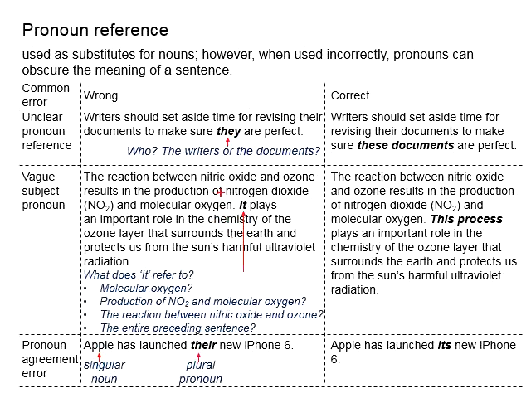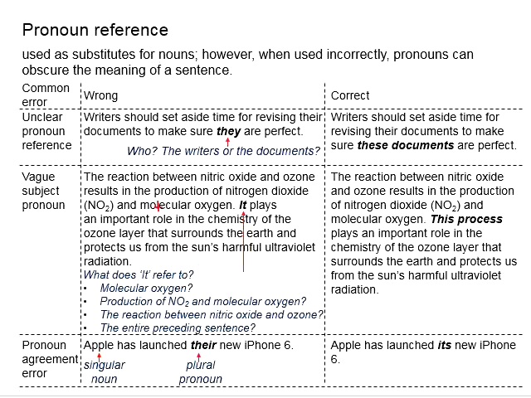Now there is an "it" here which is not clear, which leads to the reader guessing. By looking at the subjects that appear within the sentence, you will be guessing what this "it" actually means. Does it refer to the molecular oxygen?